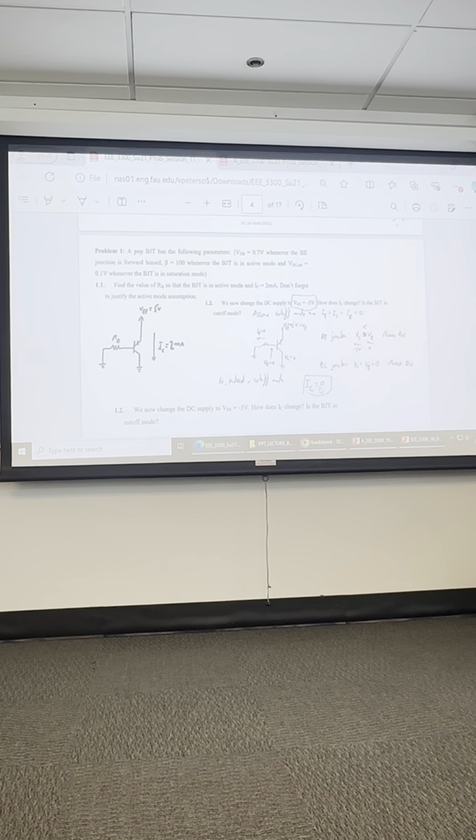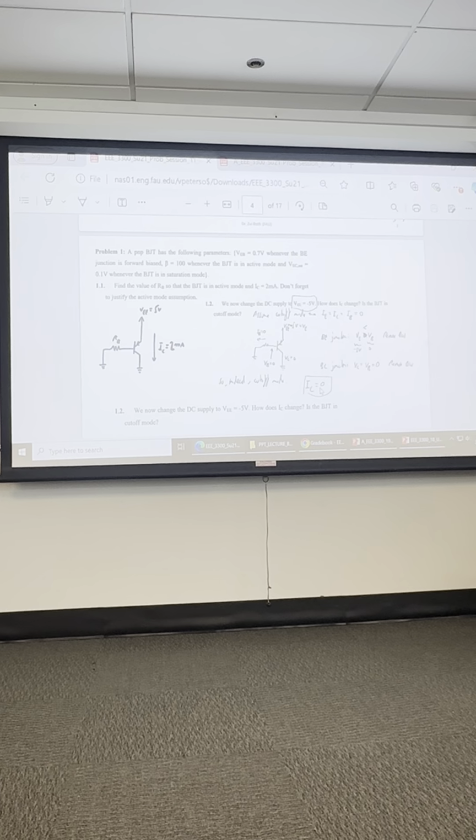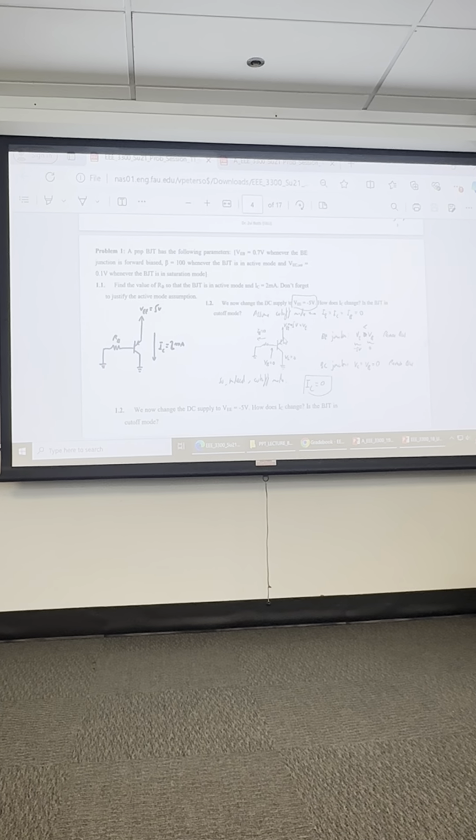Now, a problem like this is fairly straightforward if we understand it's a PNP device. If this had been an NPN transistor, the analysis would definitely be more simplified. But because of the PNP, one of the requirements for cutoff is that both of the PN junctions must be in reverse bias.